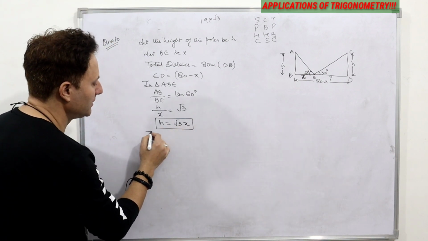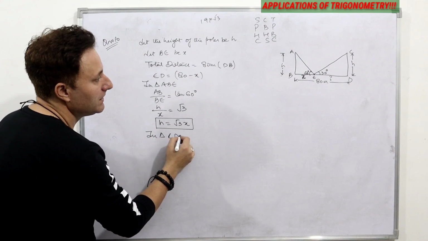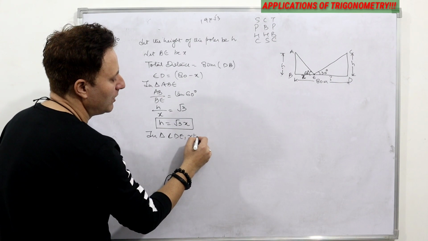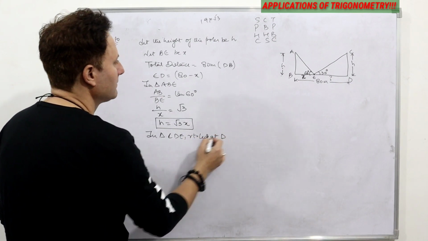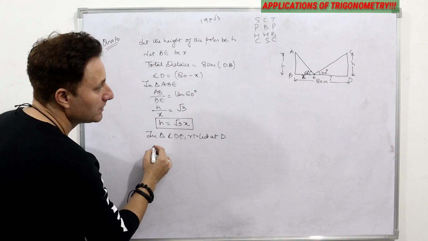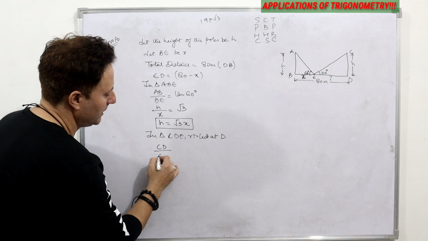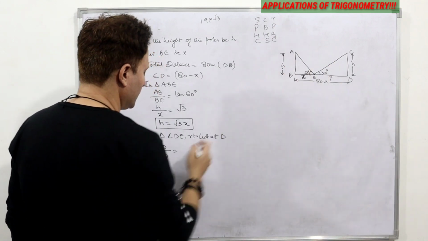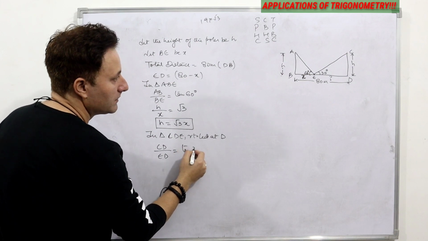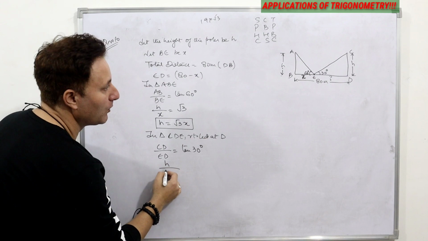Move to another triangle. In triangle CDE, right angled at D. Now what do we have? We have CD upon ED is equal to perpendicular upon base, tan 30 degree. CD is again h upon ED.